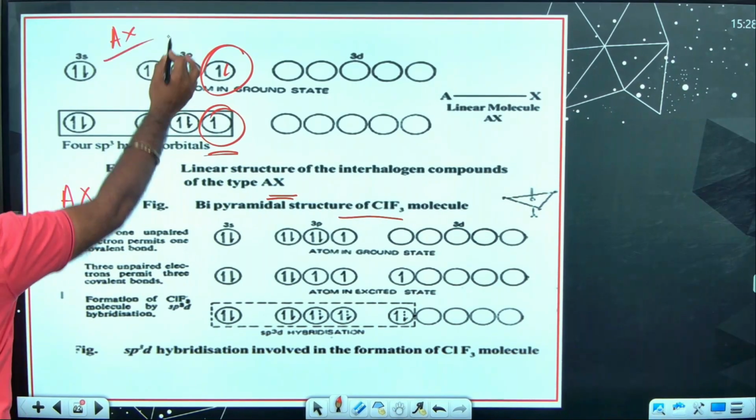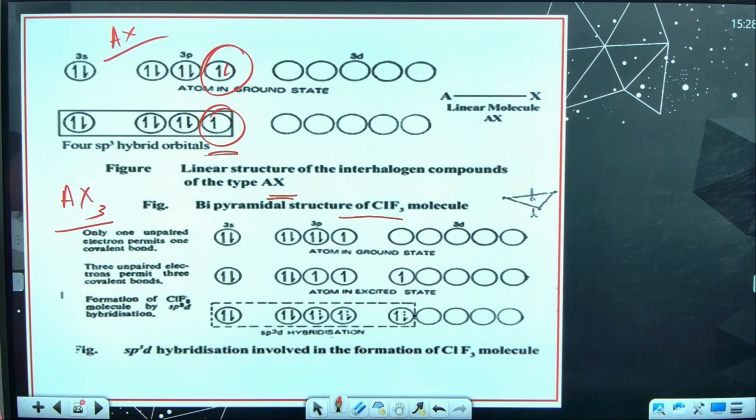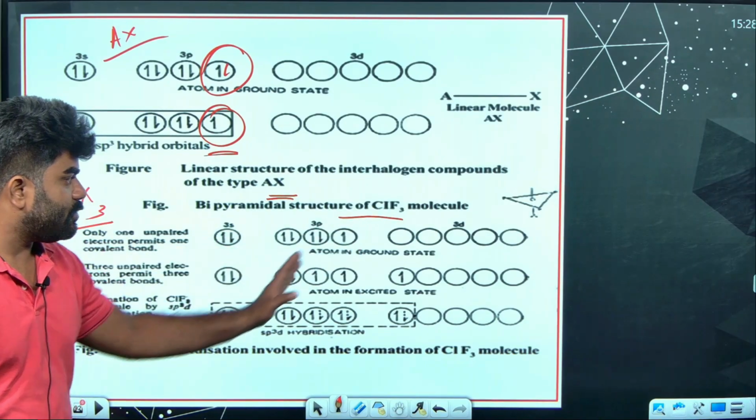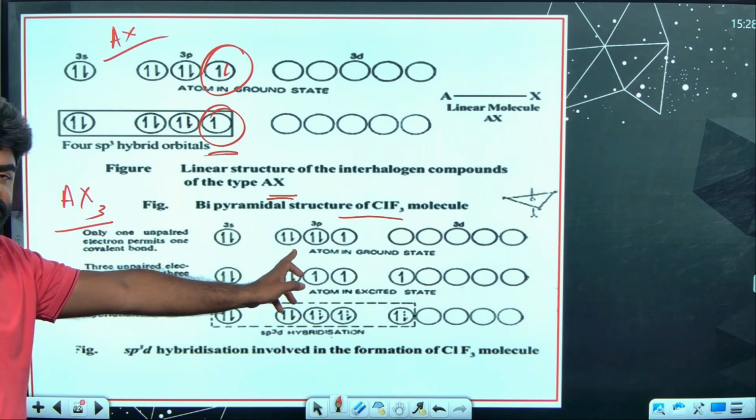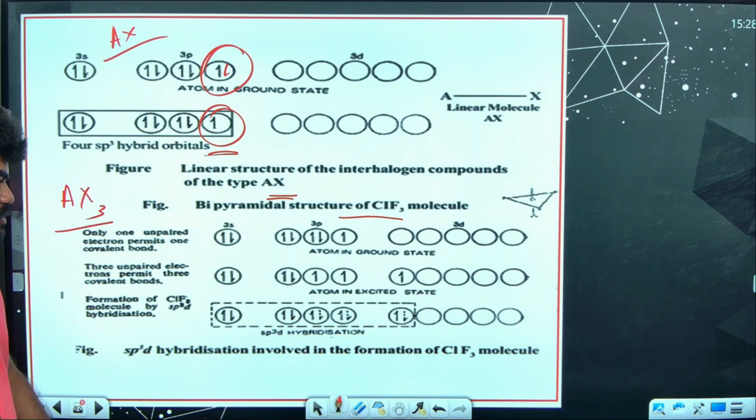இந்த AX3-ல பார்த்தீங்கன்னா this is the ground state electronic configuration for Cl, 3s2 3p5, அதுதான் ground state electronic configuration of Cl.